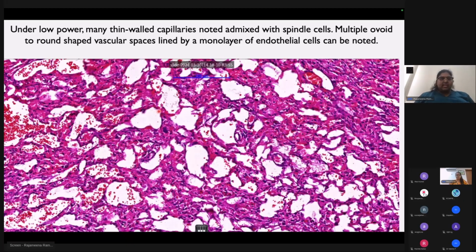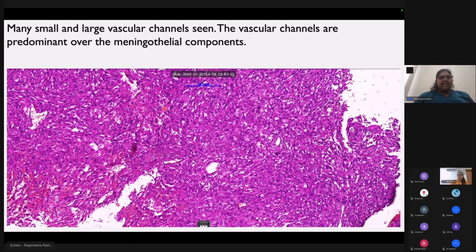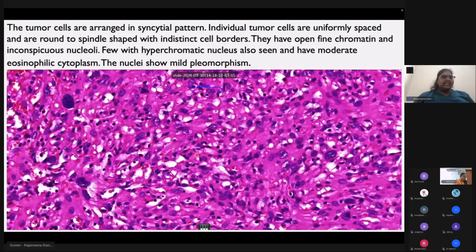And there were many small and large vascular channels. These vascular channels were more predominant over the meningothelial components. So these are the tumor cells which were arranged in a syncytial pattern. The individual tumor cells were uniformly spaced and they were round to spindle shaped along with indistinct cell borders.